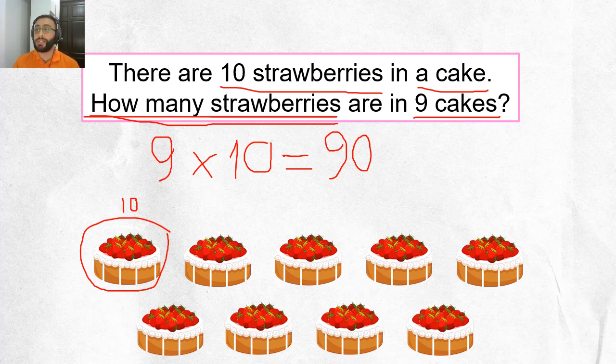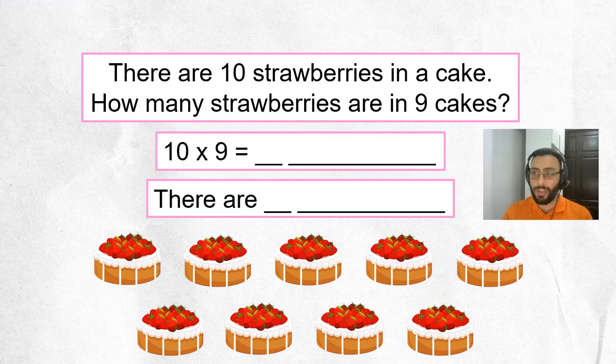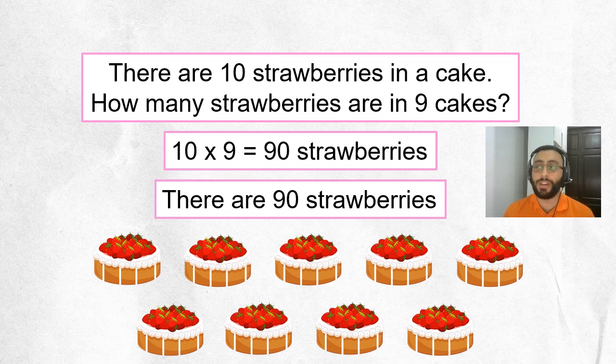So 90 strawberries. So the answer is 90 strawberries, right? Again, as I said, you can write 10 times 9 or 9 times 10. It doesn't matter. The answer will be the same, 90 strawberries.